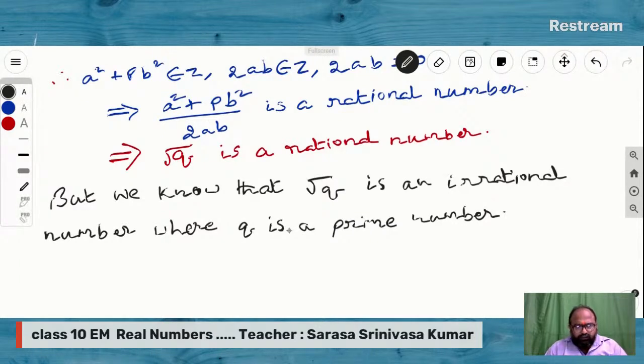So we got a contradiction. That is, in fact, the square root of q is an irrational number, but we got that it is a rational number. This is a contradiction.